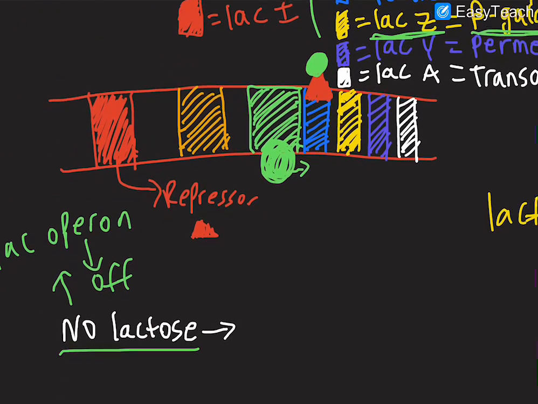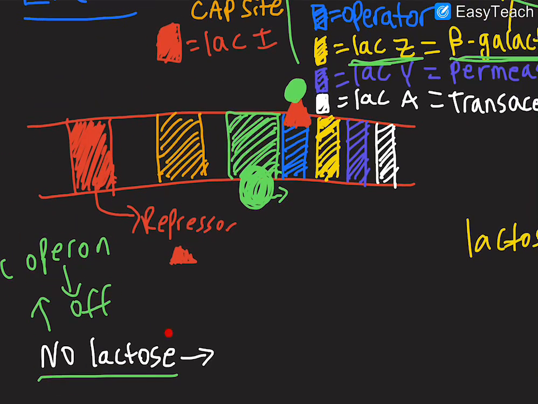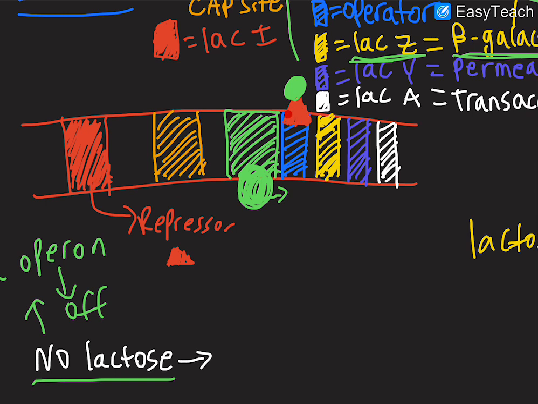So that's why. But if we don't have any lactose present, that means we don't have allolactose to bind to the repressor. That means the repressor will stay bound to the operator, which means the RNA polymerase will continue to get blocked, because it can't go forward and transcribe these genes.